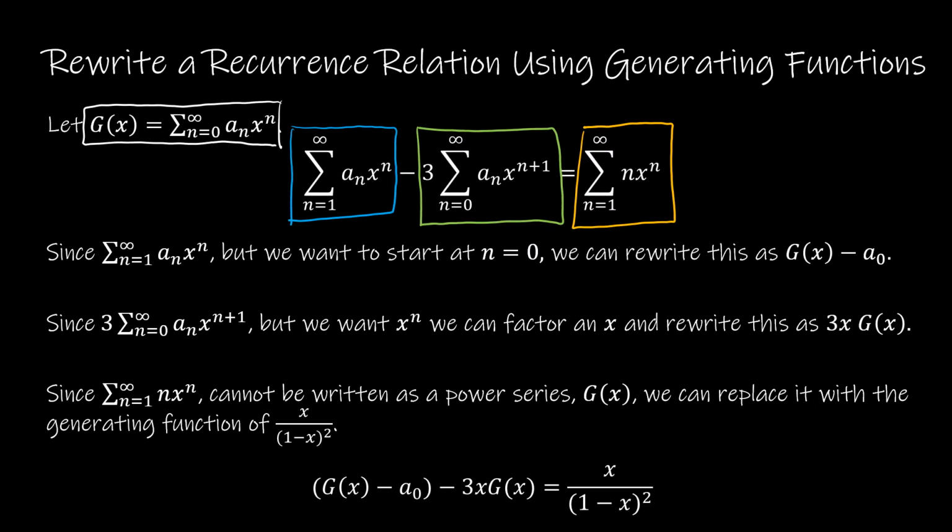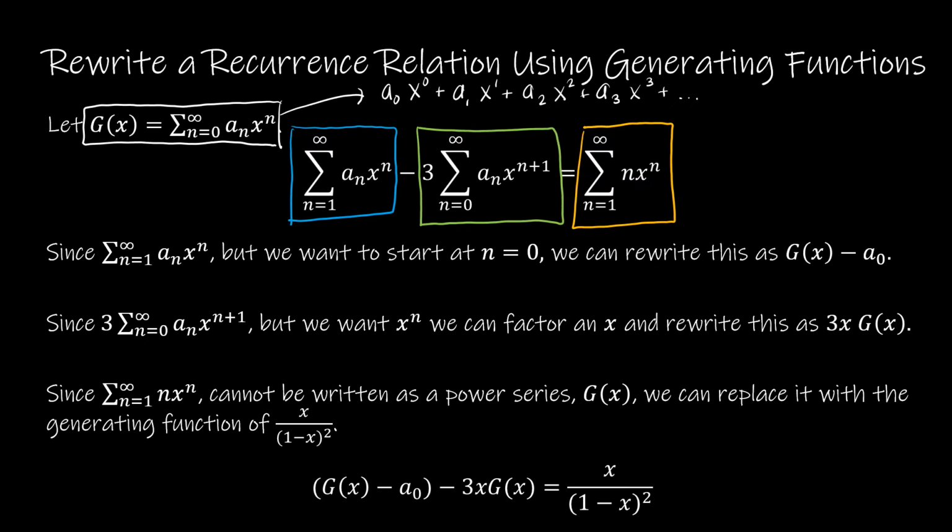So I want to replace whatever I can with g of x. If you'll recall, g of x says a sub 0 x to the 0 plus a sub 1 x to the 1 plus a sub 2 x squared plus a sub 3 x cubed and so on.